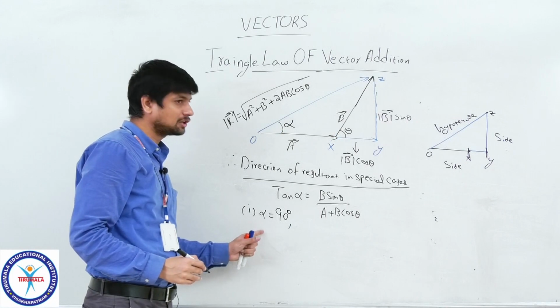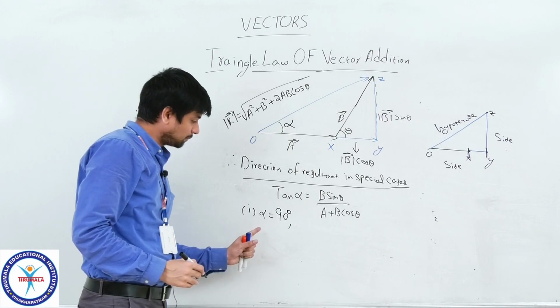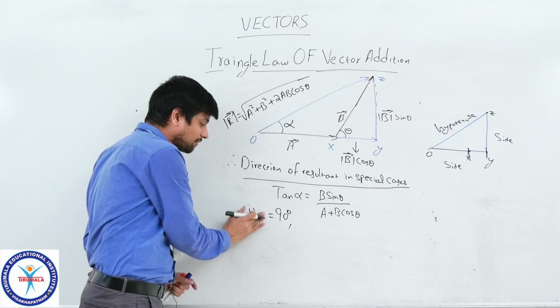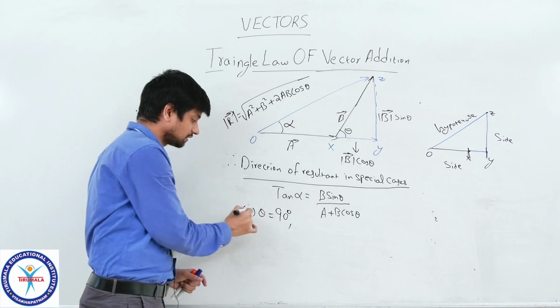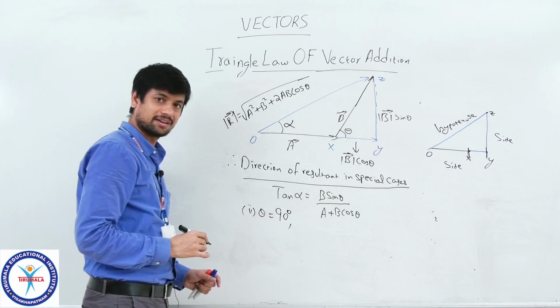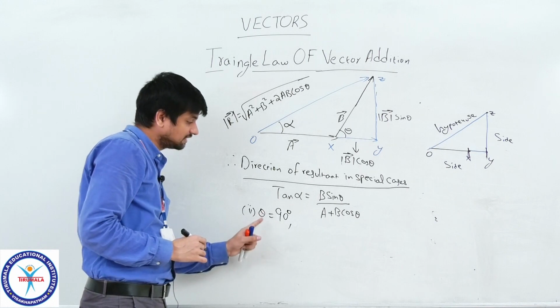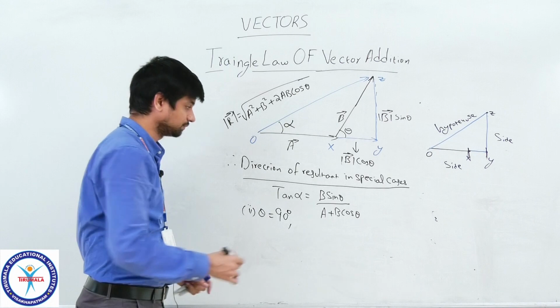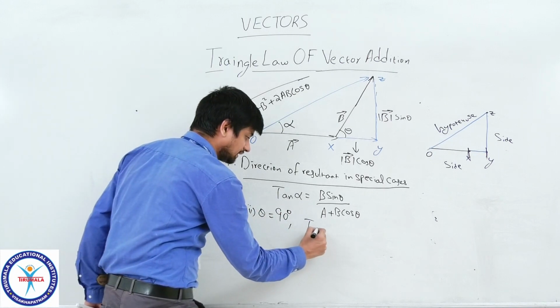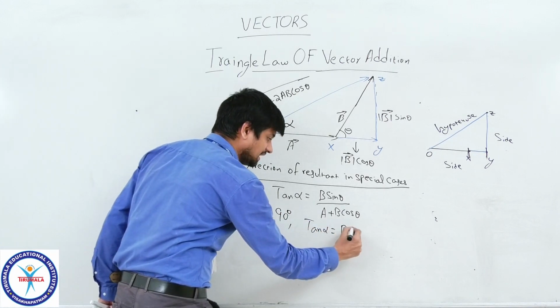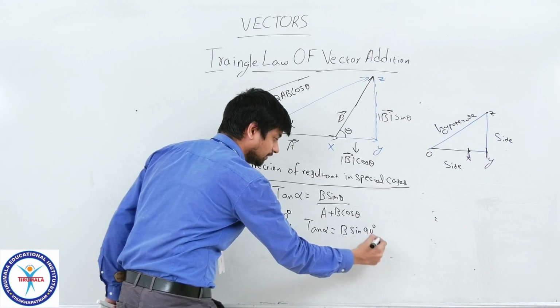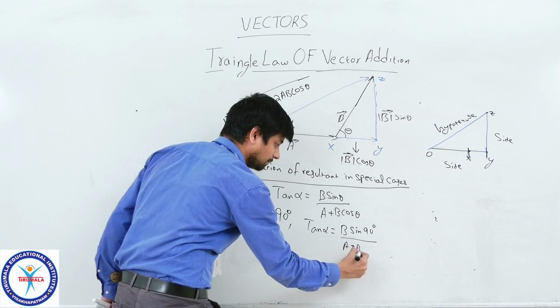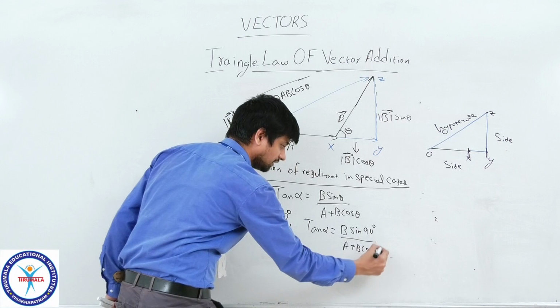If alpha value is 90, or better, take theta value 90, the second case. Based on this value, calculate the resultant angle. Tan alpha equals B sin 90 by A plus B cos 90.